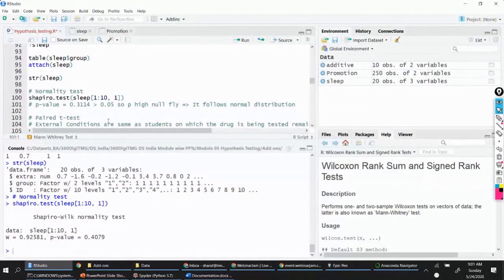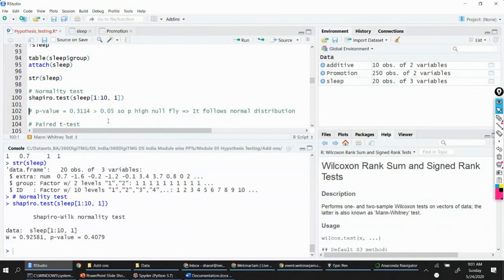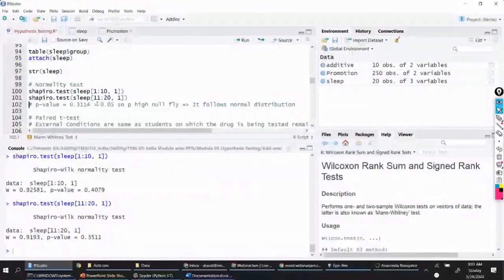P-value is greater than 0.05. Right? Similarly, you might want to do this for the second set of 10 values as well. So you say from 11 till 20. And this is also greater than 0.05. Right?